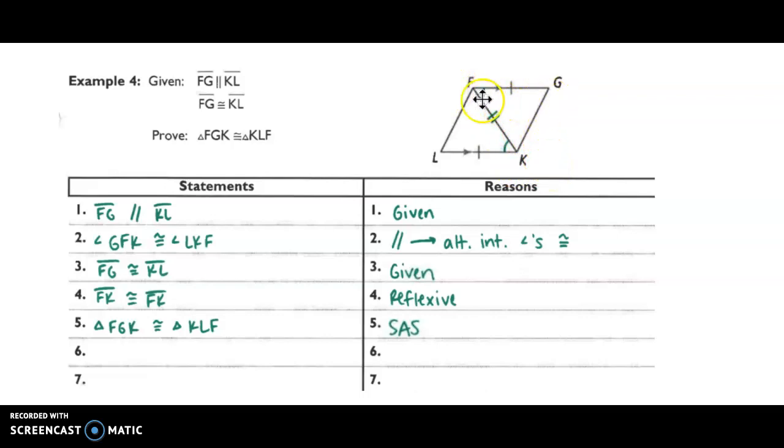So that means GFK and LKF are congruent angles because of alternate interior angles, right? You're given that FG is congruent to KL. FK is congruent to itself, reflexive, and so you have a side angle side situation. Okay, so these two triangles are congruent.